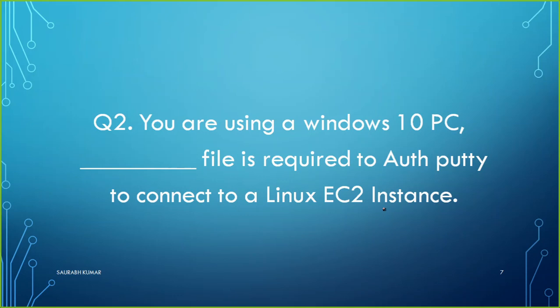Which file do we add in the SSH authentication? If you remember the extension of that file, that will be just the answer. The extension of the file which is required for SSH by PuTTY. The answer is already there: PuTTY private key. So what was the extension of it?